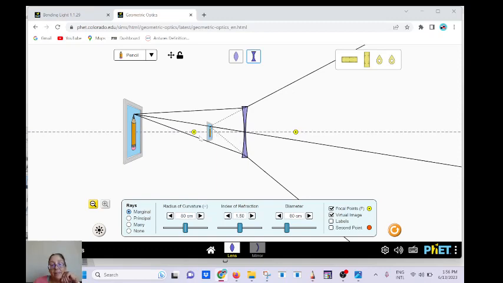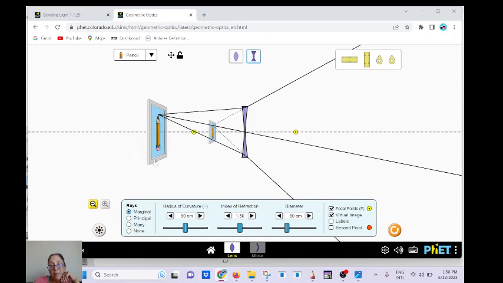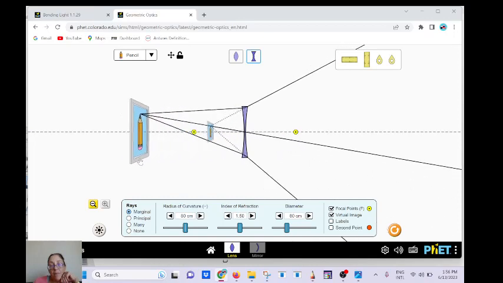The focal distance is negative, and that's going to be the object. And the image is virtual, upright, and reduced with a diverging lens.